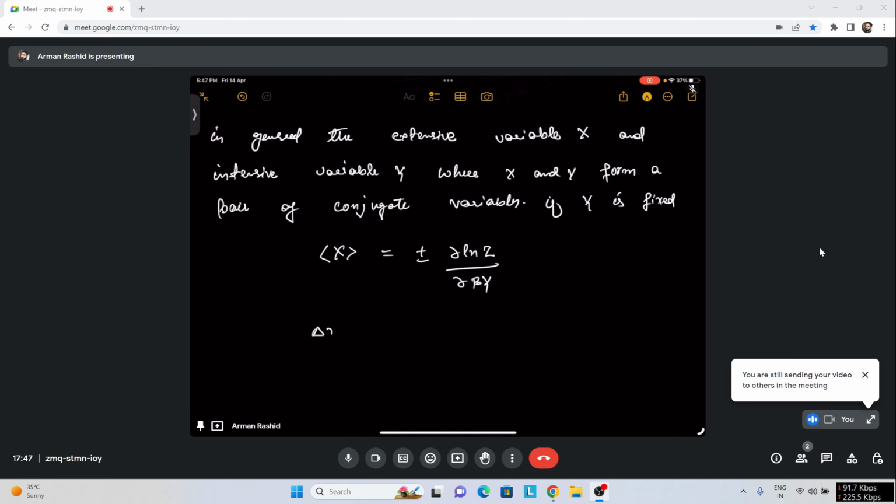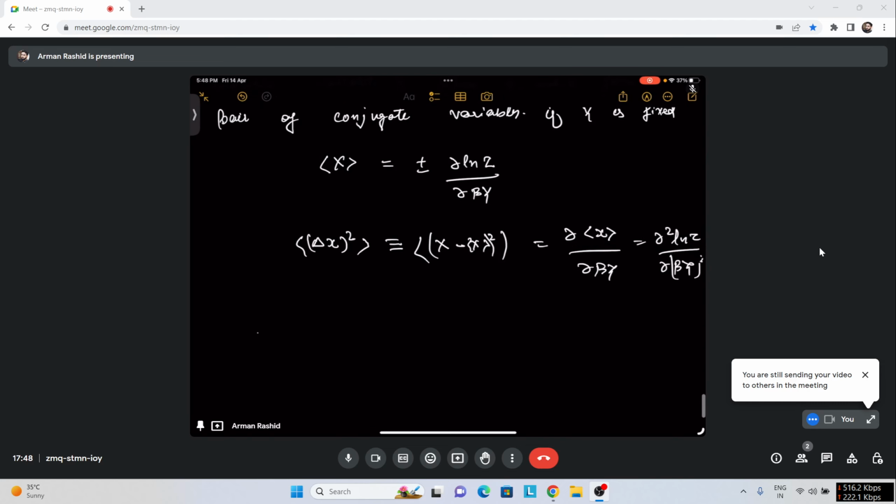Therefore delta x squared, which is x minus the average of x squared, will be given by d x average by d beta y, which is d square ln Z by d (beta y) squared.